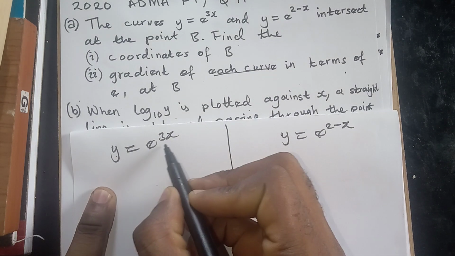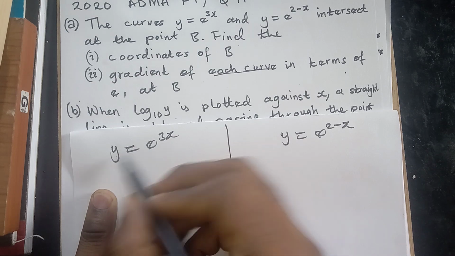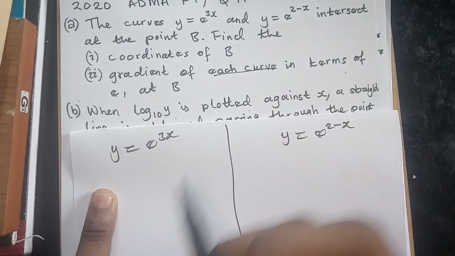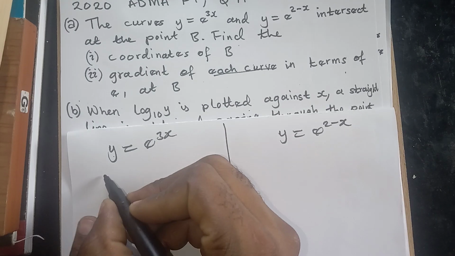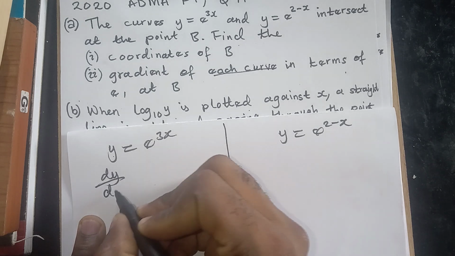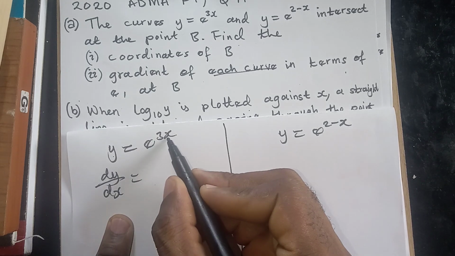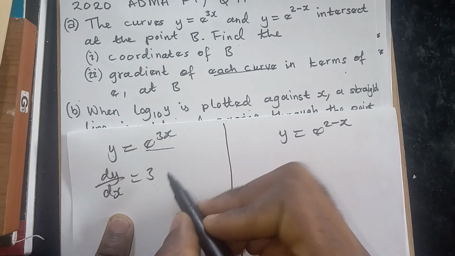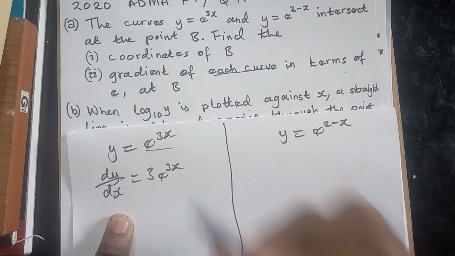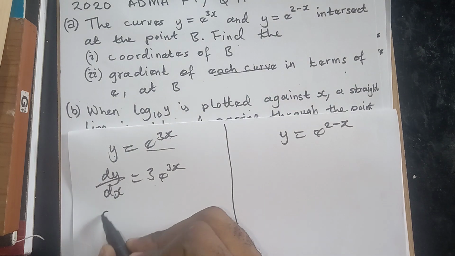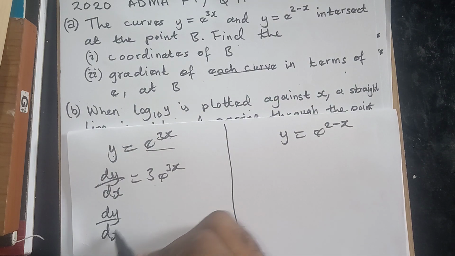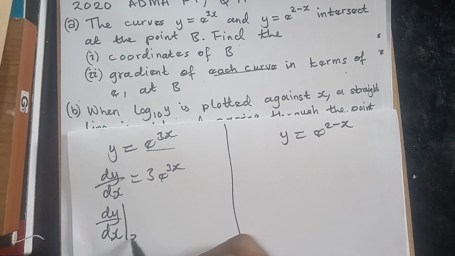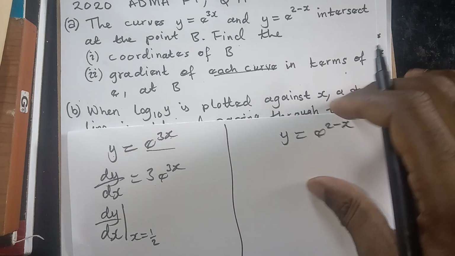So to find the gradient of this curve at B, we can just differentiate this curve. dy/dx will be equal to, when you differentiate the power, you get a 3, then write this thing as it is, like this. So the gradient at B, remember that at B, x is equal to a half.